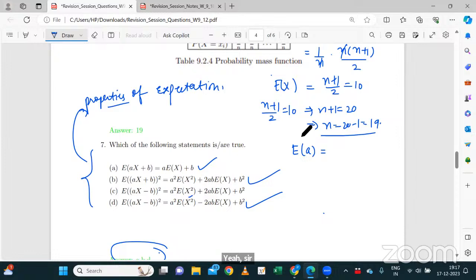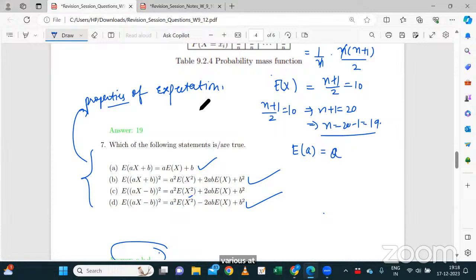Someone is telling 0. Okay, one second, no problem. Why 0? Tell me. No, I'm not talking about variation here at all. I'm talking about the expectation of A, where A is a constant. It will be A.